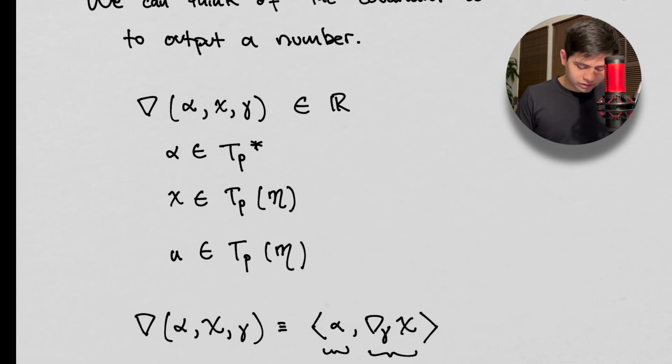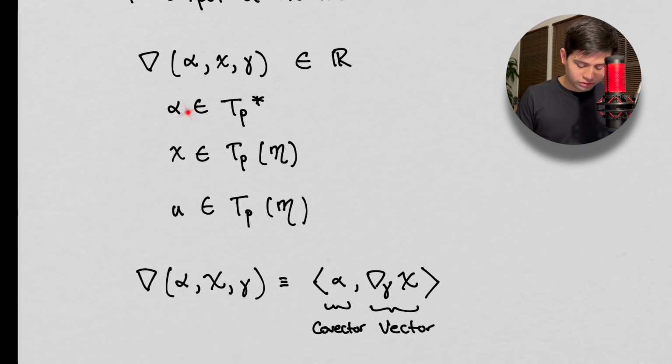Alpha is part of the covariant space, or the covector space. Again, these are all tangent spaces. X is part of the tangent space on the manifold. Sorry, this is gamma. Gamma is going to be part of the tangent space as well. So we have one object part of the cotangent space.